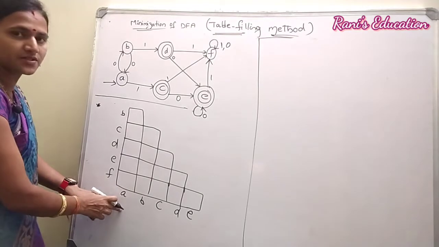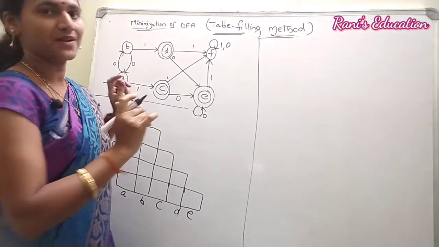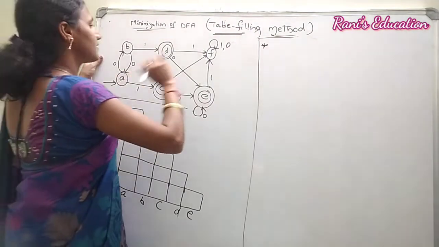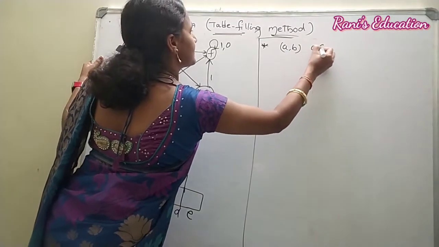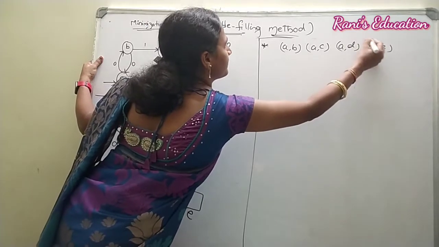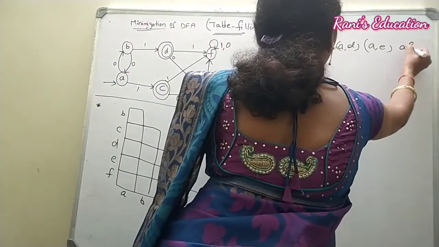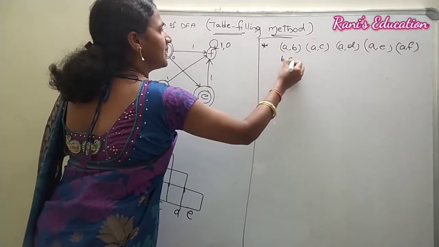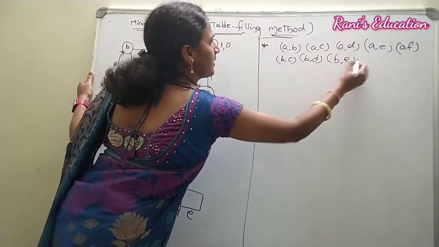After construction of this empty table, we are going to write all possible state pairs. Second step, write all possible state pairs, that is, with respect to A: AB, AC, AD, AE and AF. With respect to B: BC, BD, BE and BF.